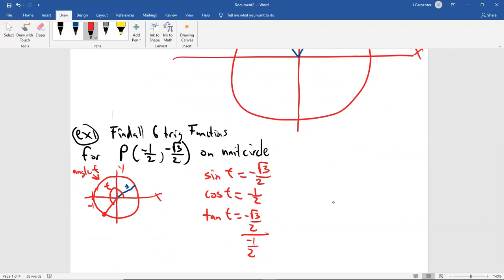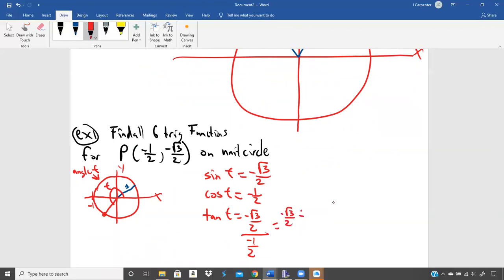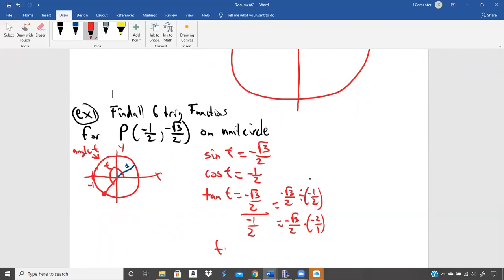You've got to remember that this is negative square root of 3 over 2 divided by negative 1 over 2, which is the same thing as negative square root of 3 over 2 times negative 2 over 1. The negatives will cancel. The 2's will cancel, telling us that the tangent of our angle is just square root of 3.